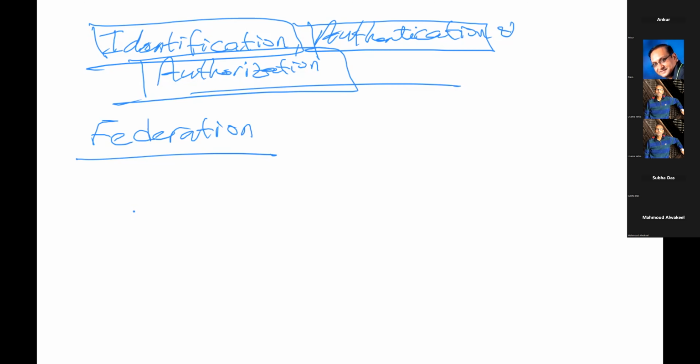There could be one more site wherein again I can use my Google credentials. So here Google is the identity provider, which maintains my Gmail ID and my password, and then it authenticates.